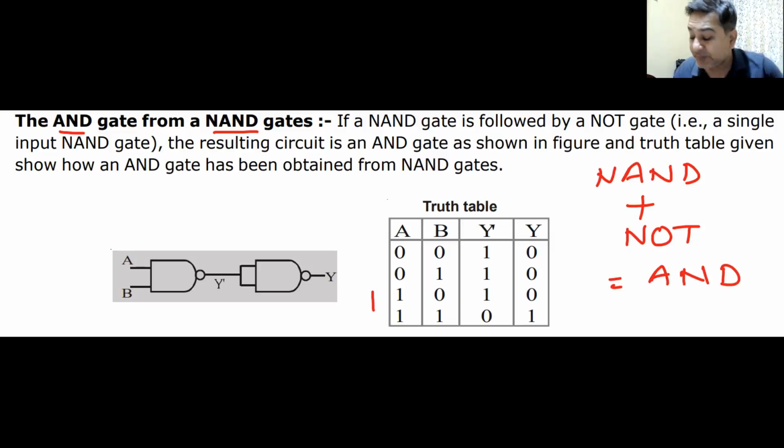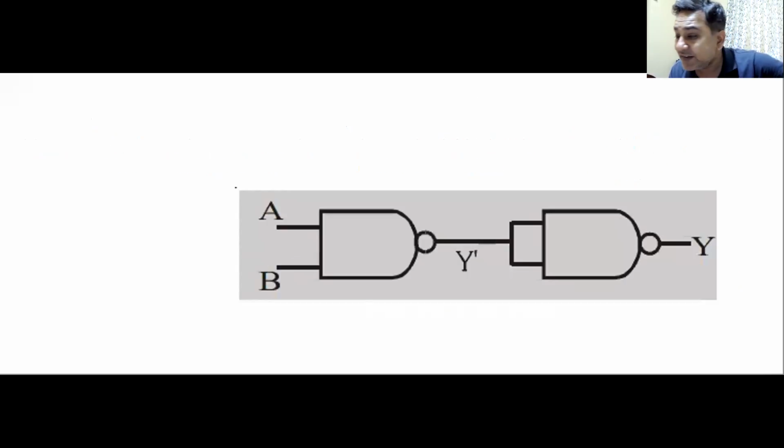So see, this is what I have done here. After a NAND gate, I have put a NOT gate and I have got the result as the AND gate. I will make it bigger to make sense to you. It's pure logic. Do we see this? This one is a simple NAND gate, yes or no?